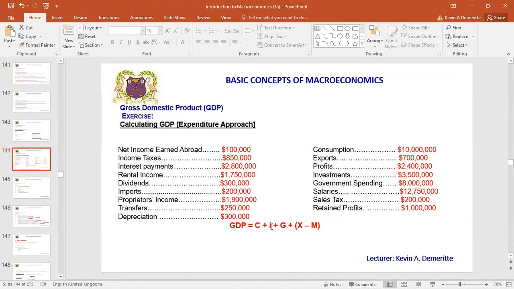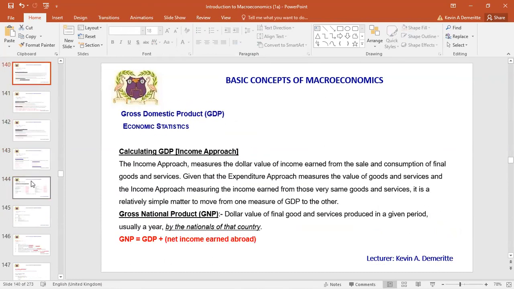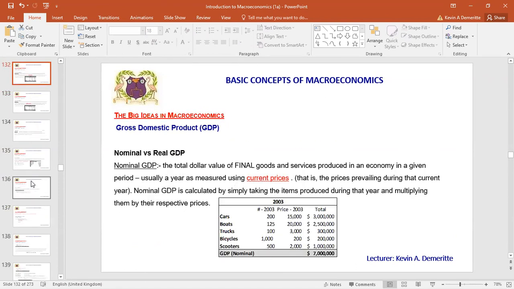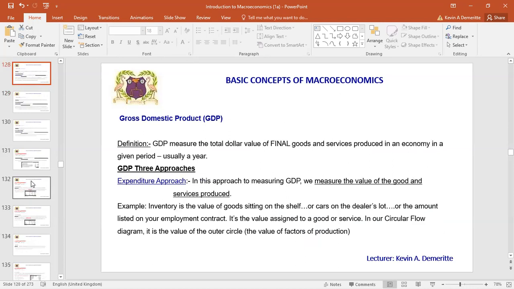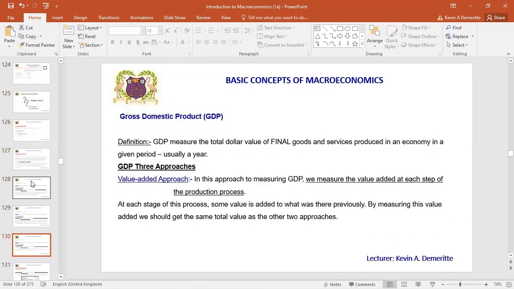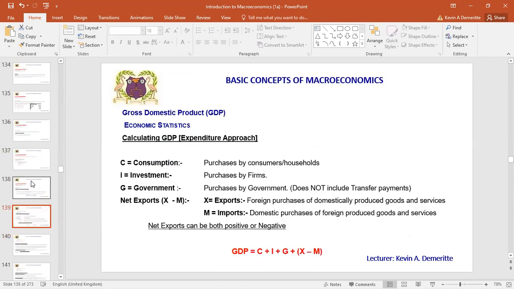And it says GDP is C plus I plus G plus X minus M, where X is exports.